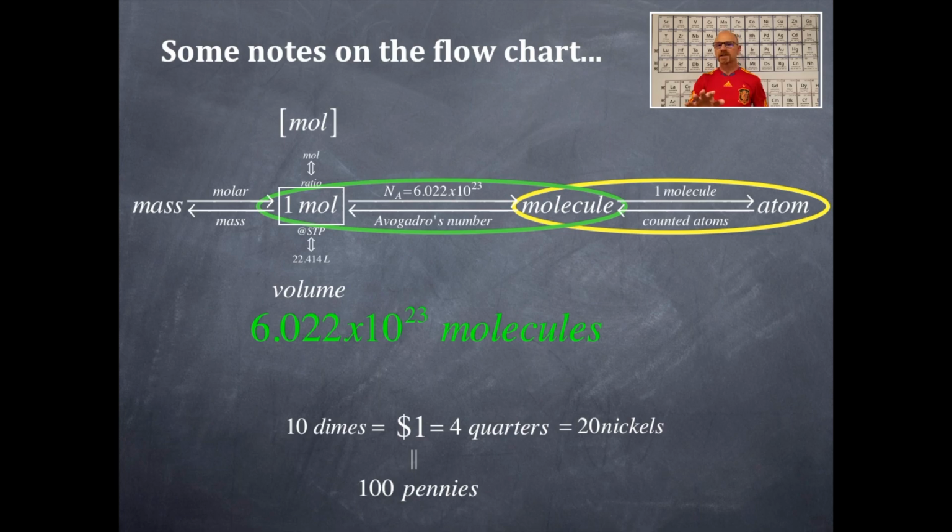It's a 1, just like the flow chart shows you, and then it's a counting number of atoms using the formula. So the number in front of the molecules can either be a 1 or Avogadro's number. It depends on where you are in this flow chart. Pay particular attention to this. Hopefully that will help you with some other issues. Take a look at that example with the money.